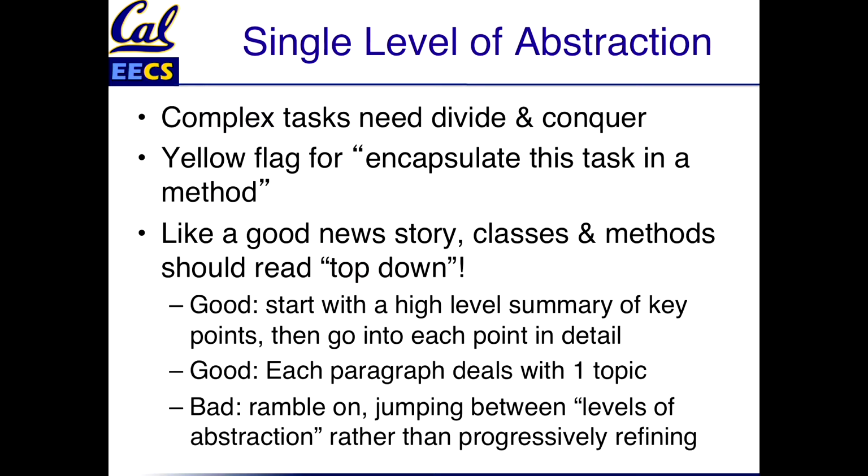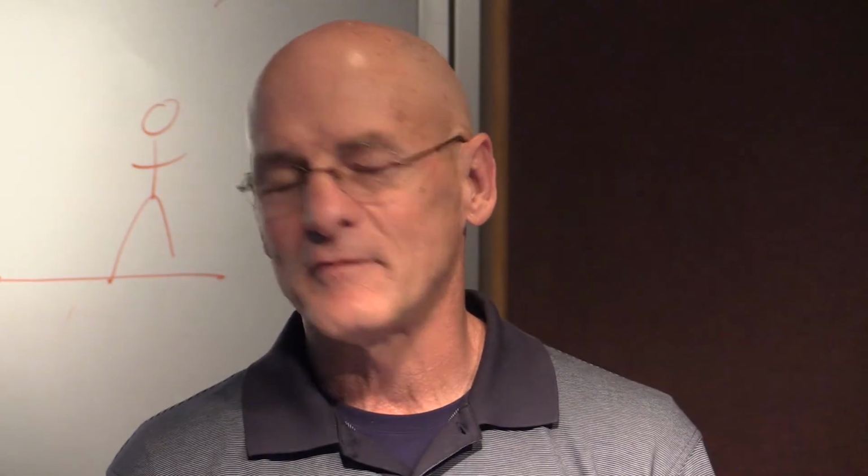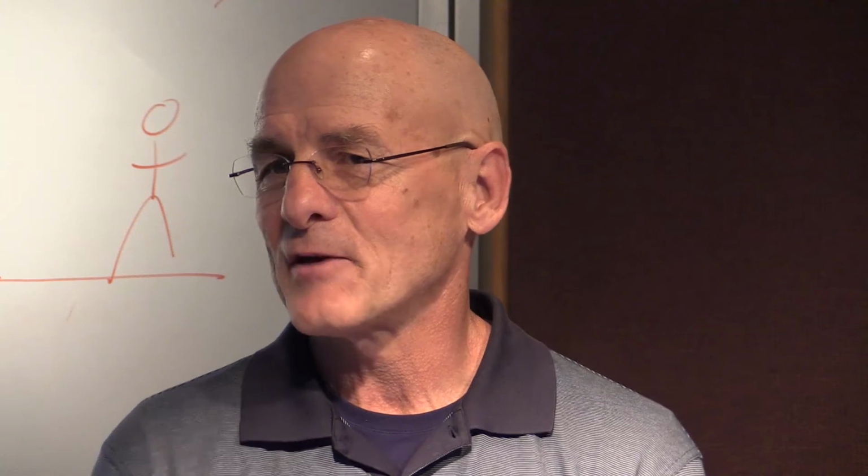The single level of abstraction is a little bit of an abstract idea. The idea is that it's not trying to do everything all in one task. So here's a task, I'll throw an all-in-one method at it. You're trying to divide and conquer, but keep at the same level of abstraction as you go on, often calling other methods to do that, but all the methods being called are about the same level of complexity. The best analogy is writing a good news story.